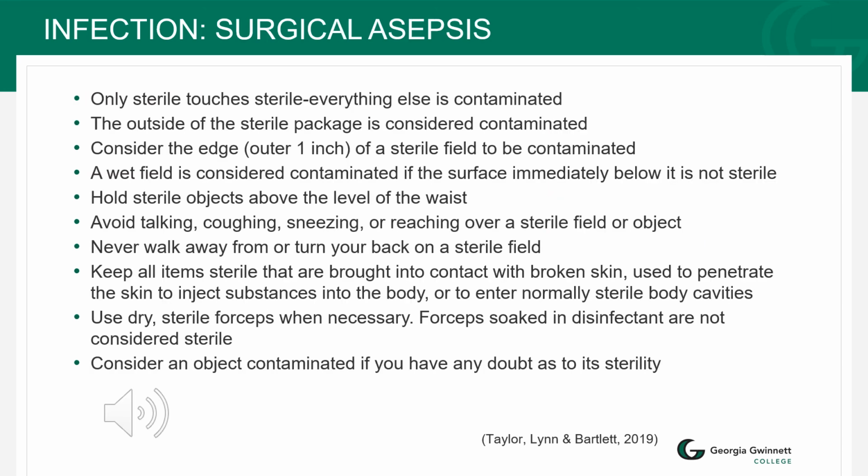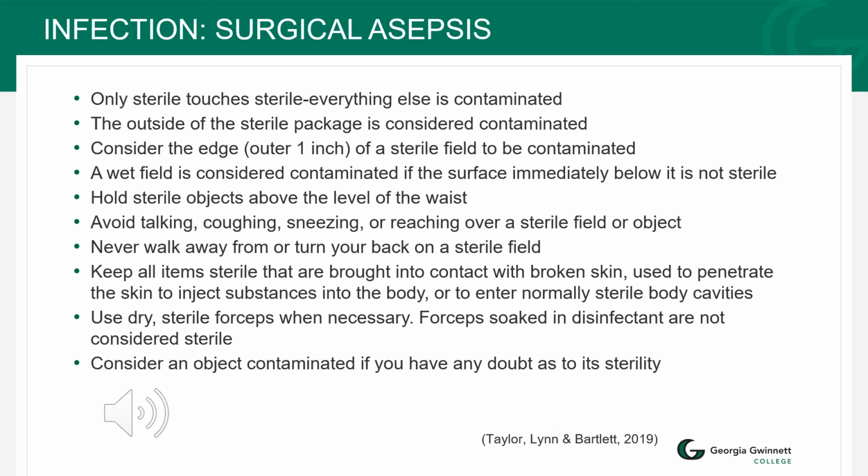Some basics about surgical asepsis: once you touch something sterile with something that is not sterile, it is no longer sterile. So only sterile touches sterile. Everything else is contaminated. You will find that the outer edge of a sterile field, that outer 1-inch edge, is considered contaminated. The outside of a sterile package is contaminated.